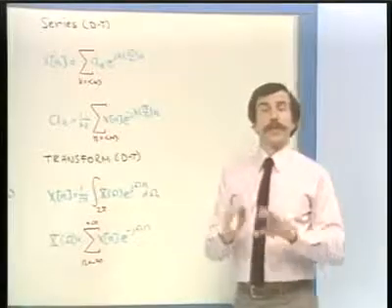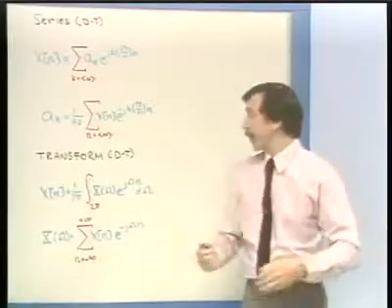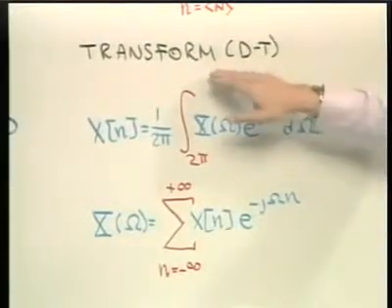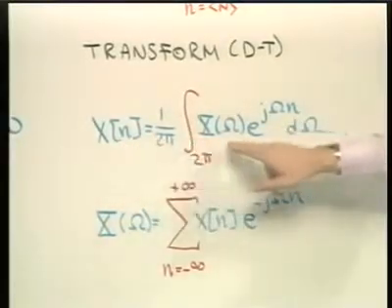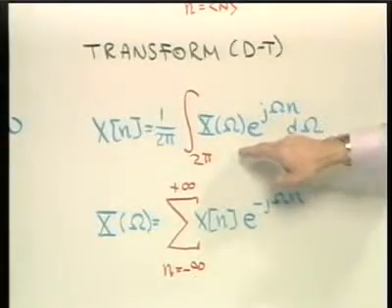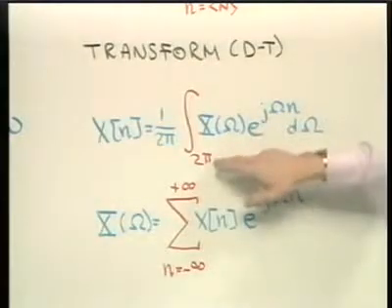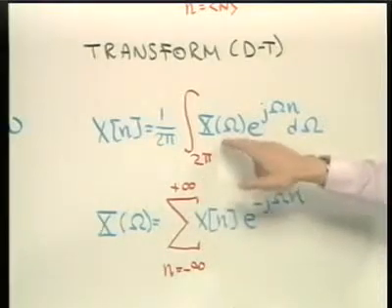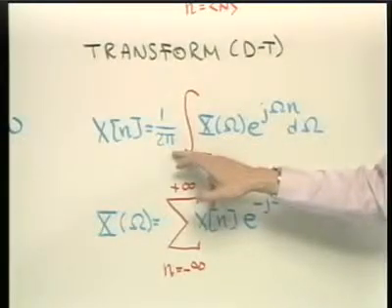We then used an argument similar to the continuous time case for going from periodic time functions to aperiodic time functions, and we ended up with a relationship describing a representation for aperiodic discrete time signals in which the synthesis equation went from a summation to an integration, since the frequencies are now infinitesimally close, involving frequencies only over a 2 pi interval, and for which the amplitude factor is X of omega d omega divided by 2 pi.